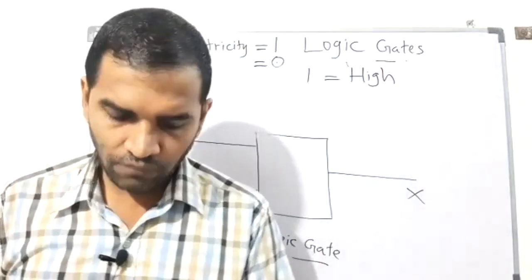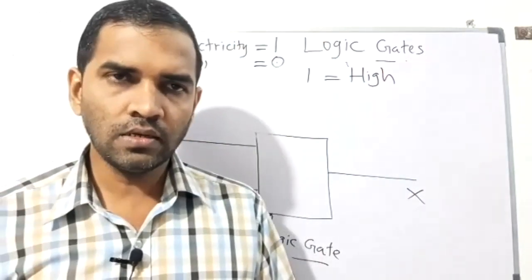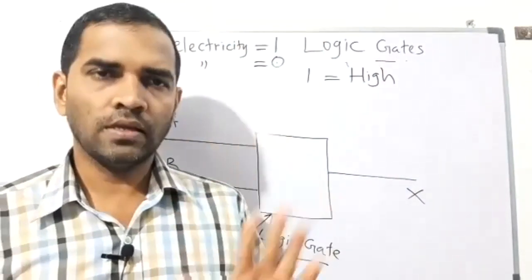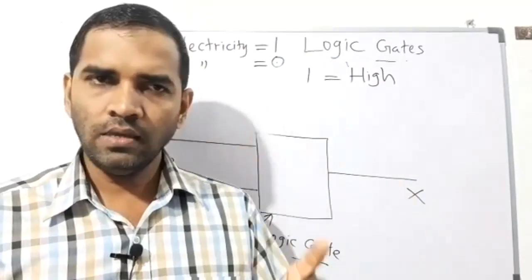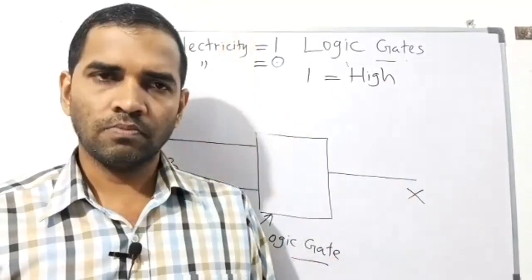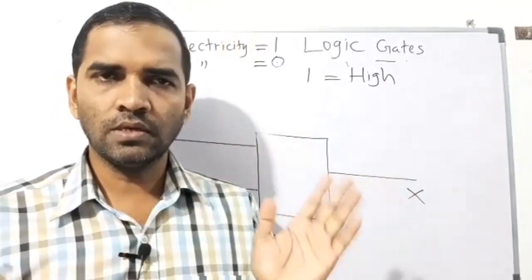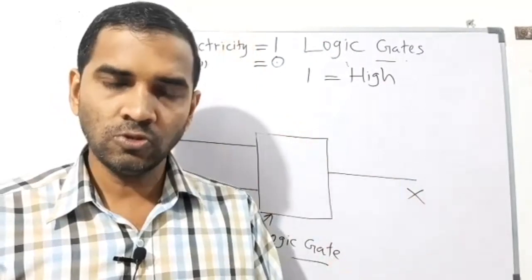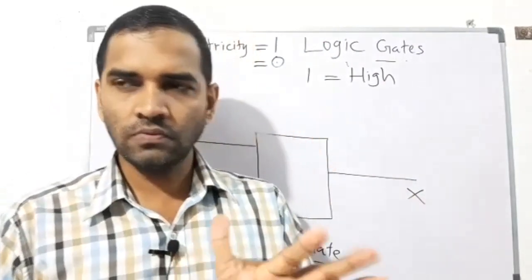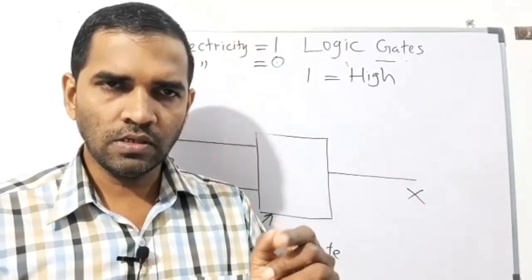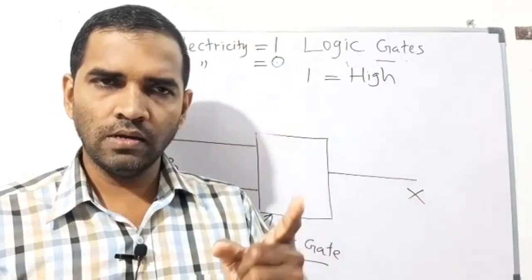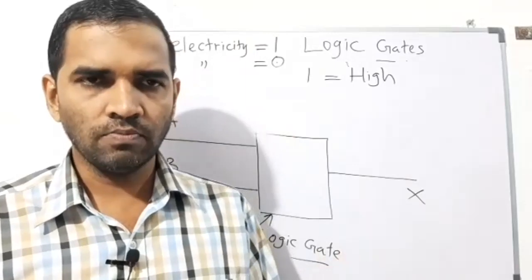So if an input is in high state, it means it has electricity. Having electricity, high, 1, are the same. The meaning of these 3 things is the same. There may be some other words too, but remember these 3 because for grade 8, these are important.